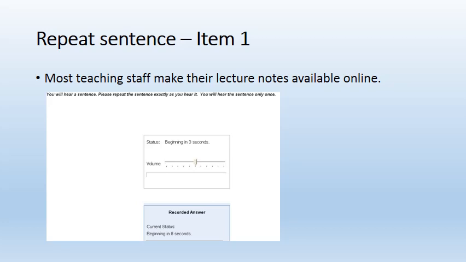Here you will hear a recording of a sentence, and you have to repeat that. So I'm going to read out all the recordings, so you hear me and then you record your answer. Accordingly you can check later with your answers.